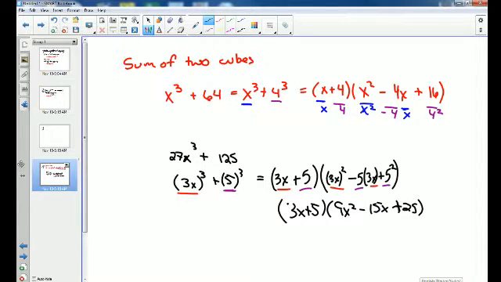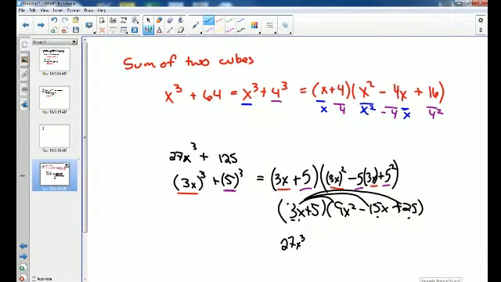Okay. There's no FOIL algorithm for this, but basically it's the same concept: every term here is multiplied to every term here. So I'm going to take 3x and multiply every term. 3x times 9x squared.